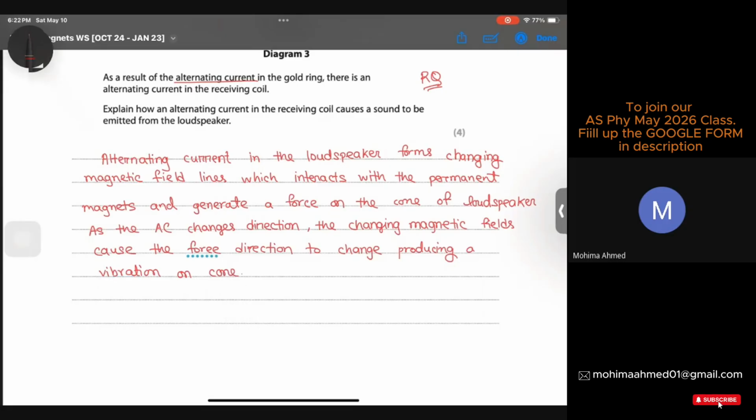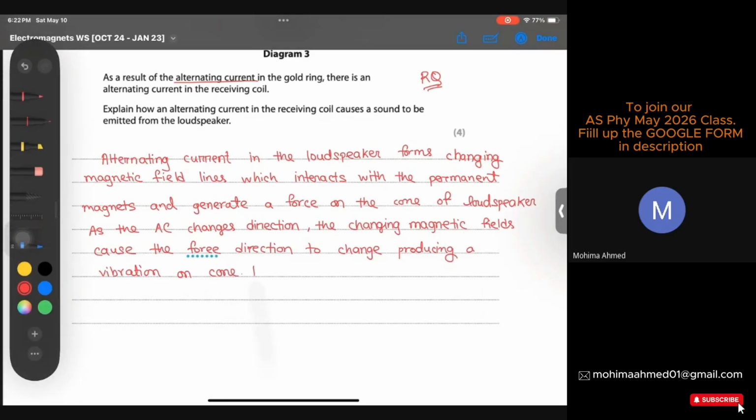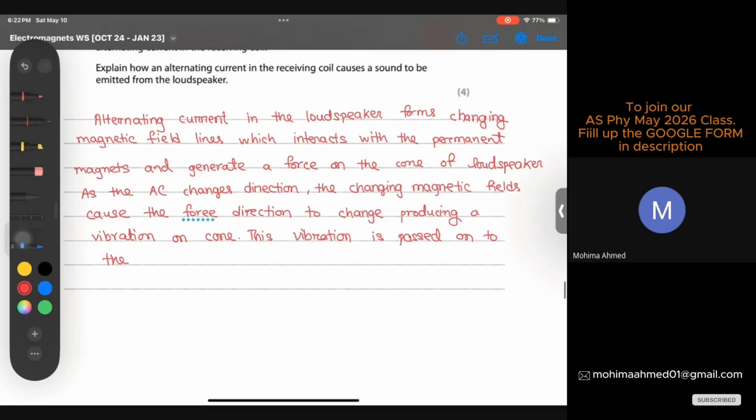Right, this vibration is passed on to the air particles to generate sound waves, right? That's the final answer.